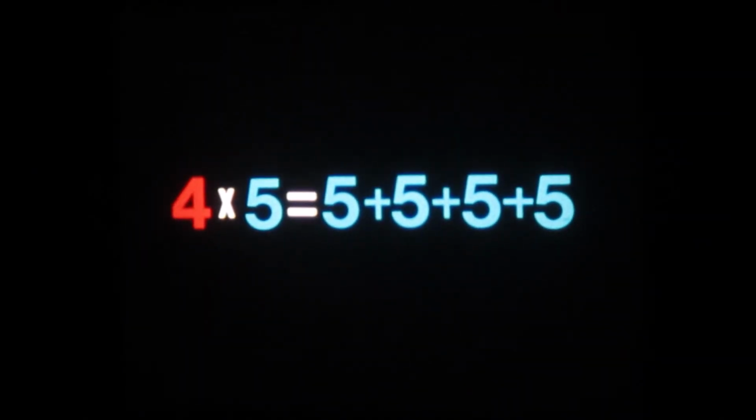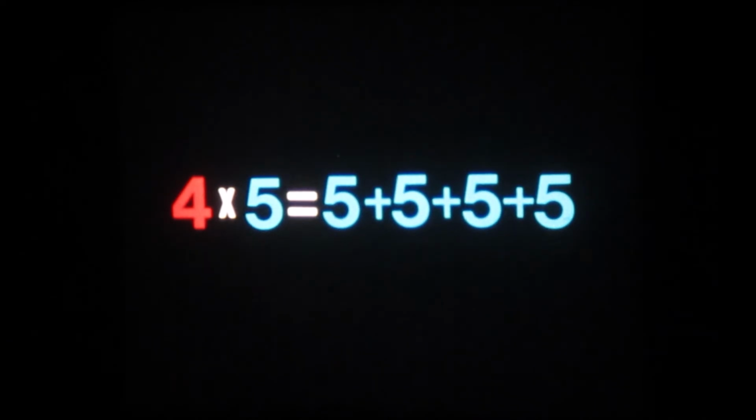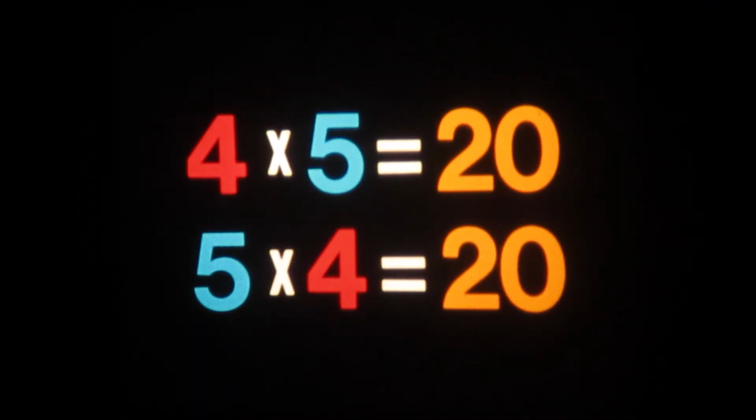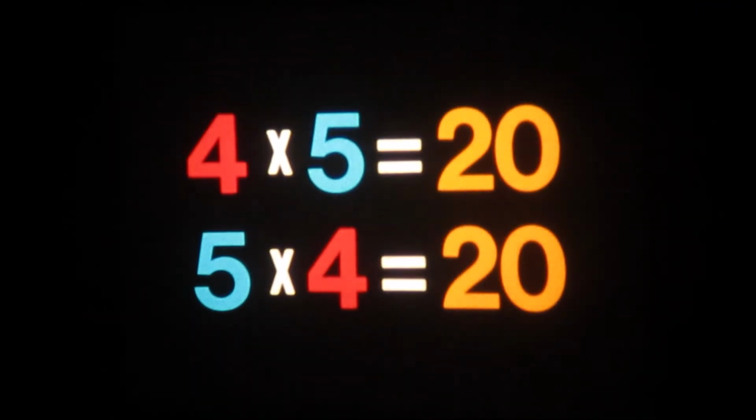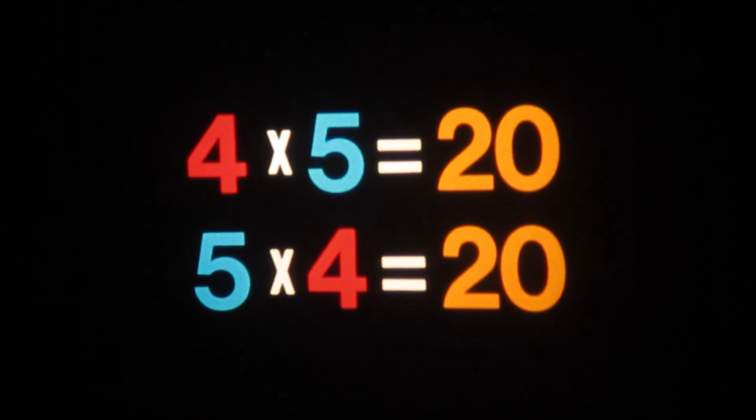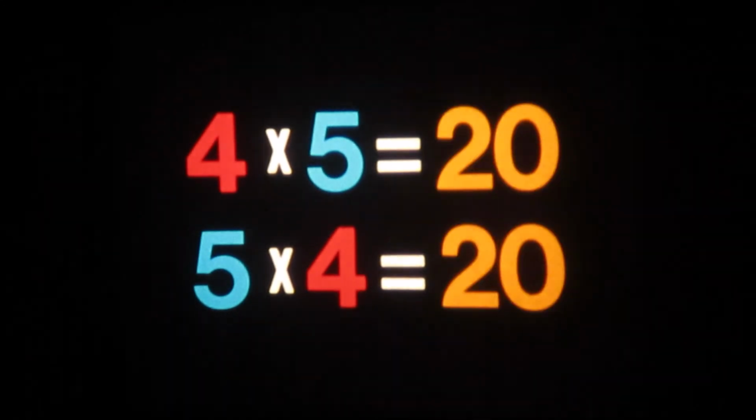So let's review what we've learned about multiplication today. We found that multiplication is really repeated addition of the same number. We also found that if we wish to multiply 2 factors together, the product will be the same no matter which way we multiply them.